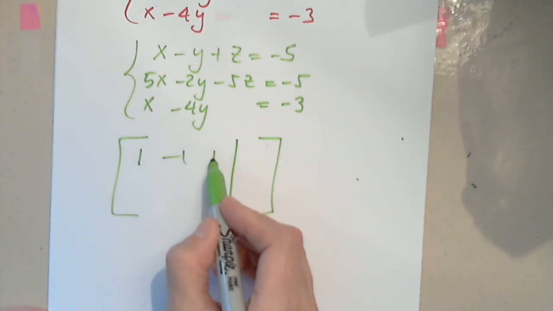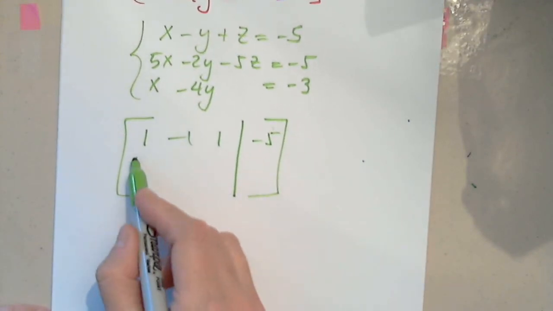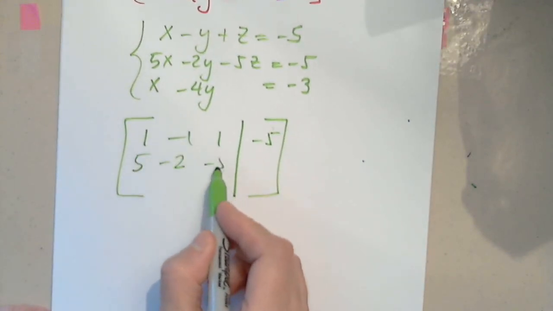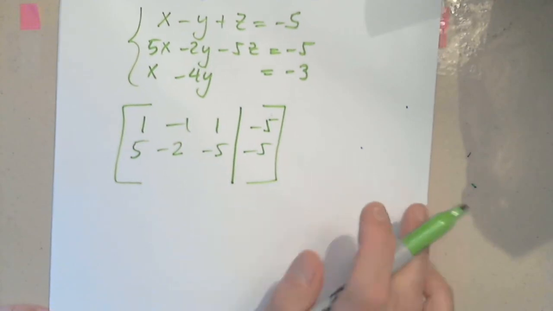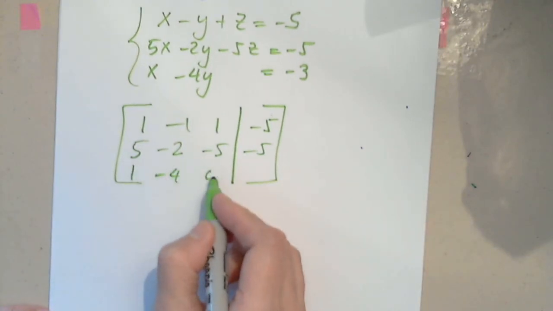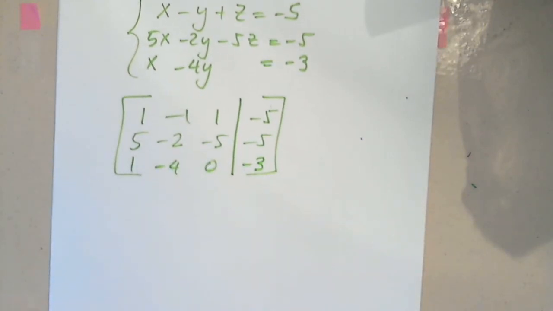1, negative 1, 1, negative 5. 5, negative 2, negative 5, negative 5. 1, negative 4, 0, and negative 3. Is this okay? Yes. Perfect. The first step is done because I already have a 1 in the upper left corner.